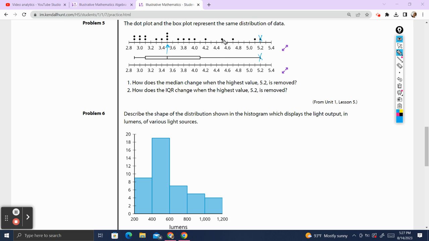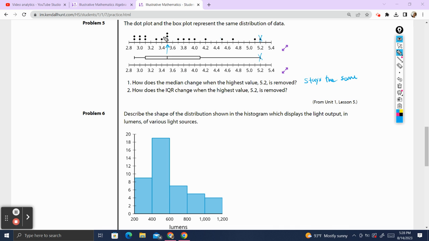We could count it out, but it looks like it stays the same, because we have 9 values here and 9 values there. So when you average those middle two, it's going to stay at 3.5, and the median will stay the same.